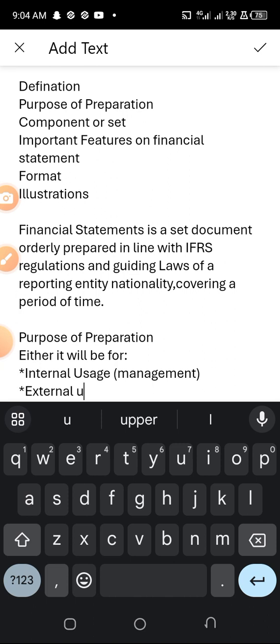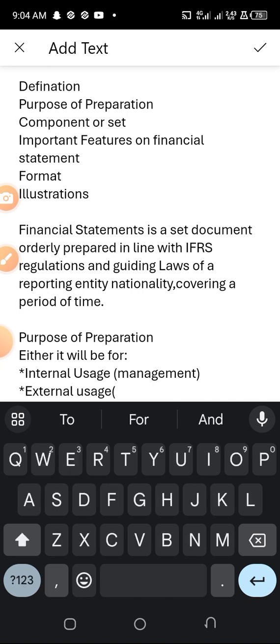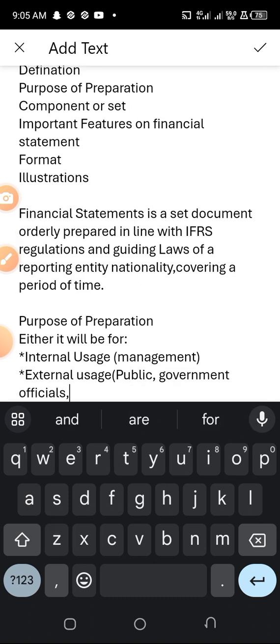External usage includes the public. You have government officials, like the tax authority, CAC and all others.